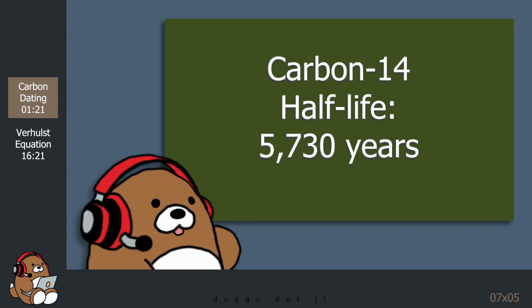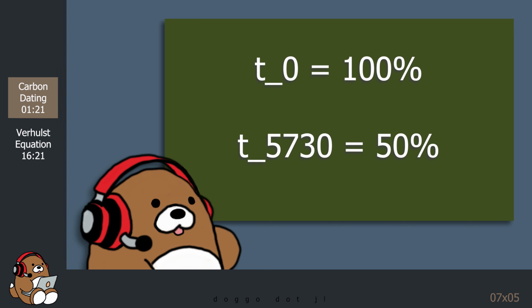Carbon-14 has a half-life of 5,730 years, meaning that if you start with a container holding 100 units of carbon-14, then after 5,730 years, there will only be 50 units left in that container.